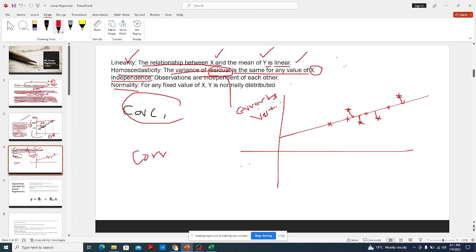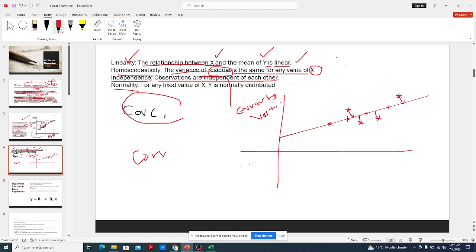Then we have independence, that is, the observations are independent of each other, like under the binomial distribution assumption, where the outcome of one trial cannot influence the outcome of the second trial. We'll discuss more on that. So independence means each value is mutually exclusive of the others.